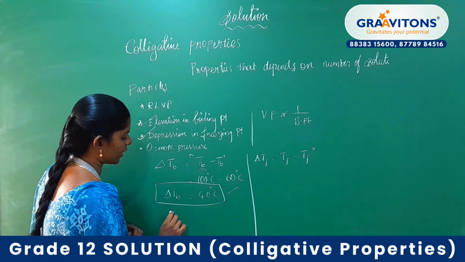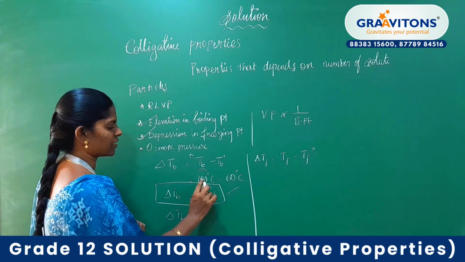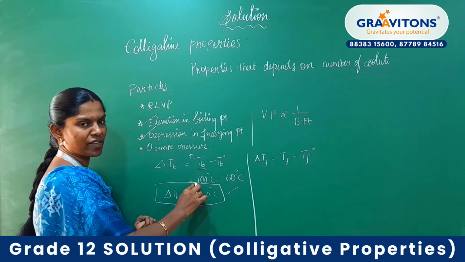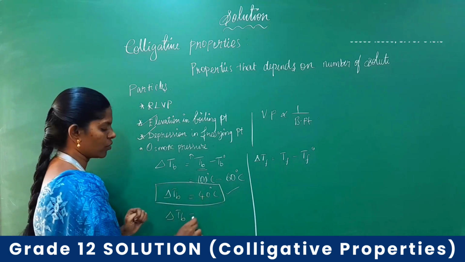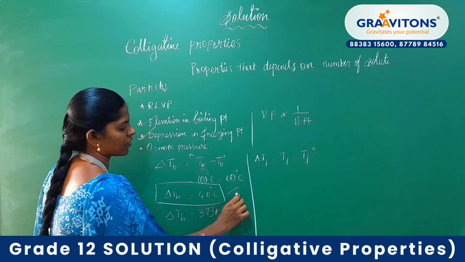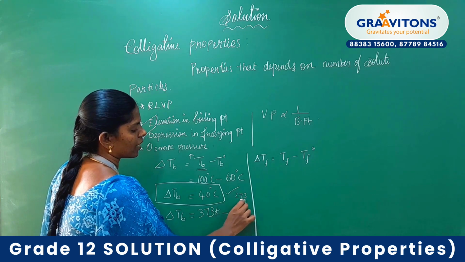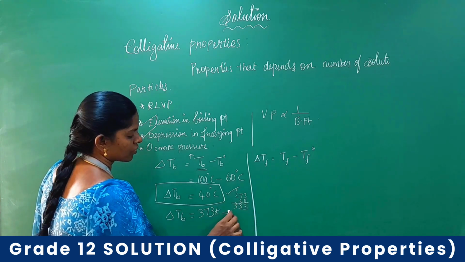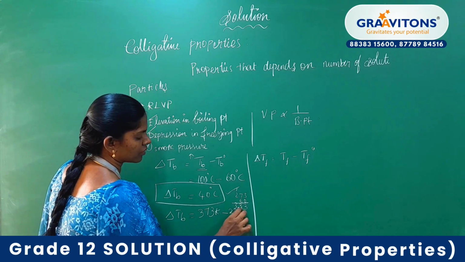If I take TB in terms of Kelvin, how do we convert 100 degrees Celsius into Kelvin? Add 273, so we get 373 Kelvin. And for 60, adding 273, we get 333 Kelvin.